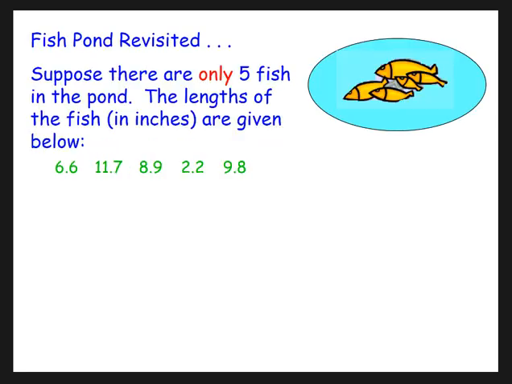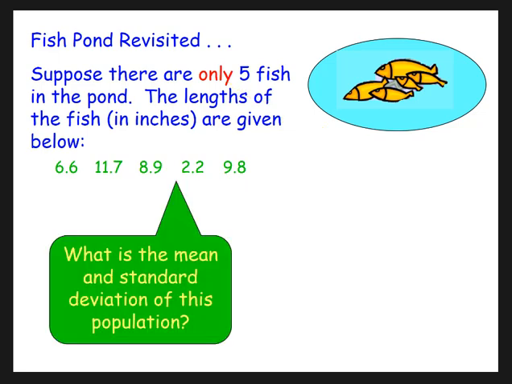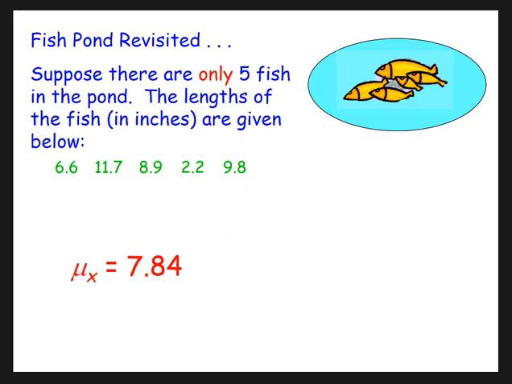It could be a sample proportion as well. Now let's suppose there's only 5 fish in the pond, those 5 given below. So we will keep the population size small just to make less possibilities to analyze. So we find our mean and standard deviation of those fish in the pond. We get a mean of 7.84, standard deviation of 3.262.